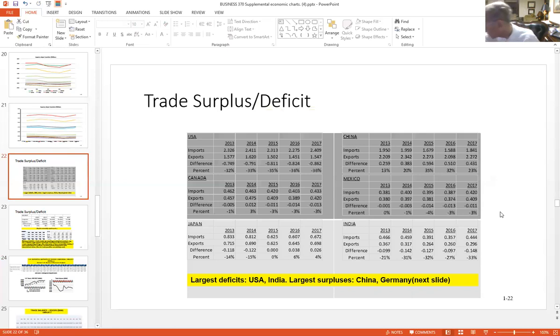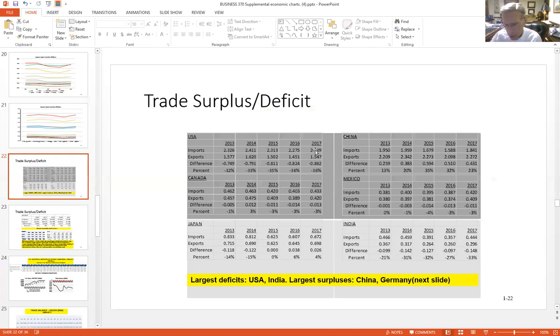Pardon me, I've got a bit of a rough throat here. Another rather interesting item on this slide is India. You can see that India, like the United States, has a very sizable trade deficit, and its numbers aren't nearly as large as the United States.